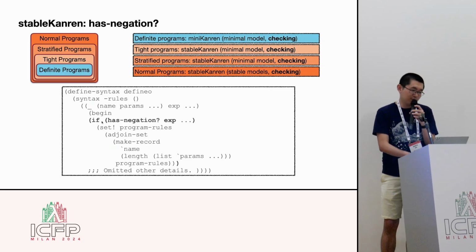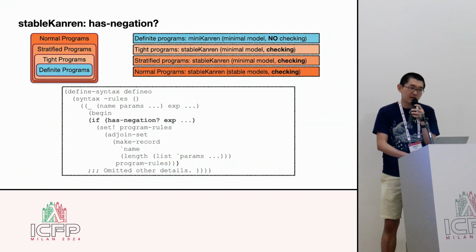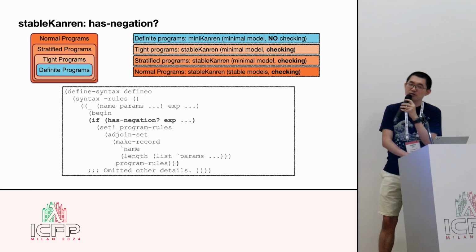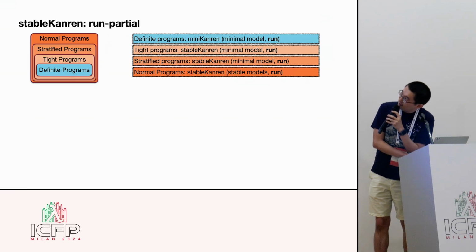If there is a negation, then we perform all kinds of checking, right? So in this case, previously we were going to check for the definite program, and now we turn that into no checking. Okay, boom, first problem solved. Simple and easy.